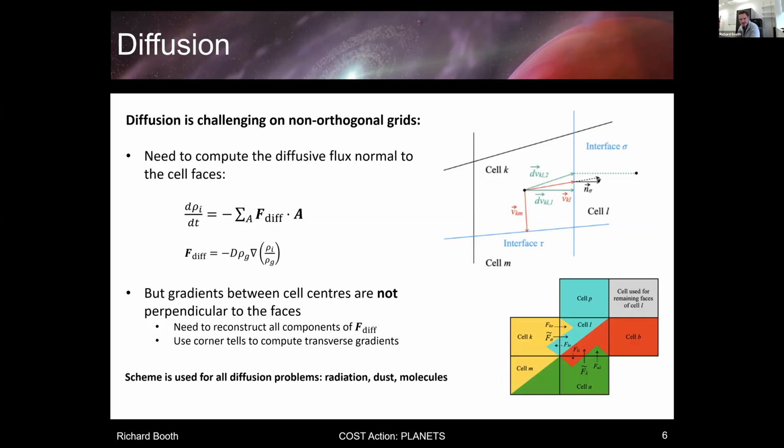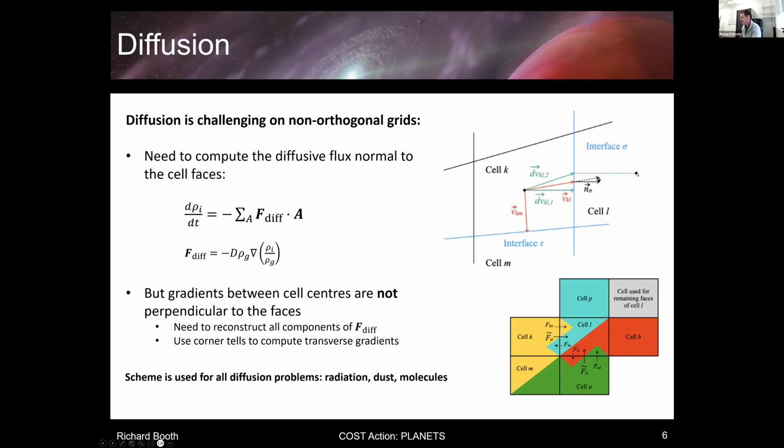One slightly tricky thing in developing the code, a problem we had to solve, was essentially getting diffusion to work properly on non-orthogonal grids. So diffusion depends on essentially the gradient of some species. For dust, it's going to be the concentration of dust, so that essentially the dust to gas ratio. And you need to compute that gradient perpendicular to the cell face.